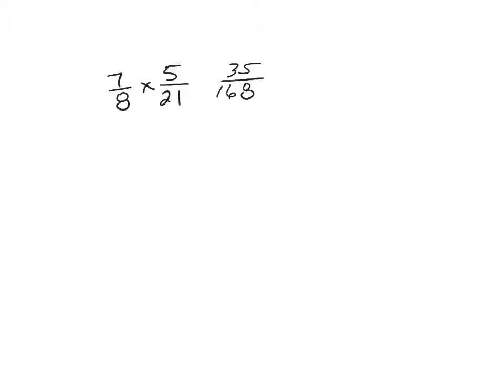If we do it the way that I just talked about, 7/8 times 5/21, I take a look at the 7 and the 21, and I notice that 7 and 21 have a common factor of 7. So I'm going to divide both the 7 and the 21 by 7. If I divide 7 by 7, I get 1.